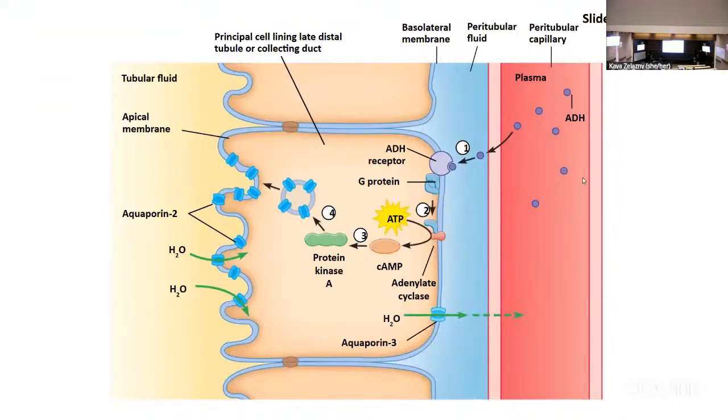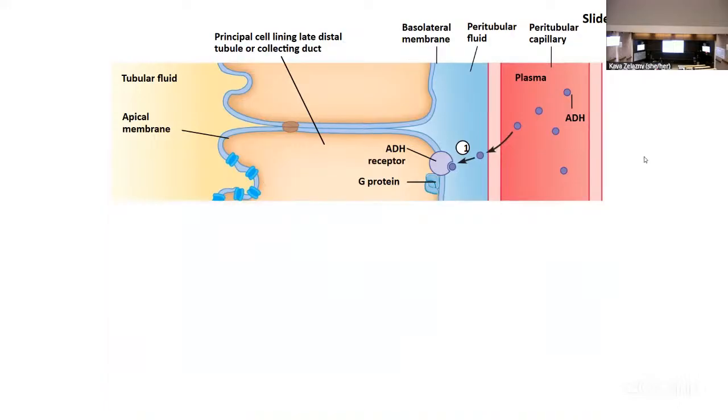What we're looking at is a principal cell, that's just a type of cell, lining our late distal tubule or our collecting duct. So what we're going to be looking at is what happens when we have ADH coming down our bloodstream, and how does it act on these cells? Okay. So we're starting out by noticing that we have in this image our hormone, ADH, right?